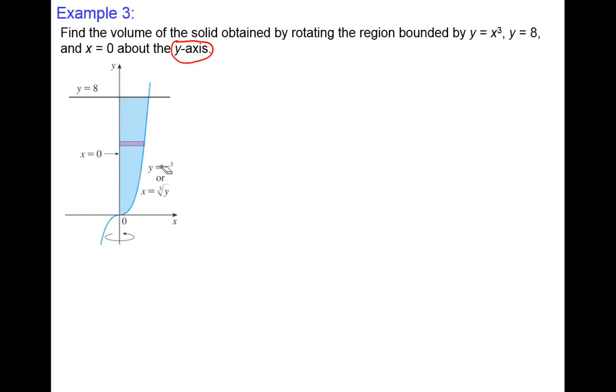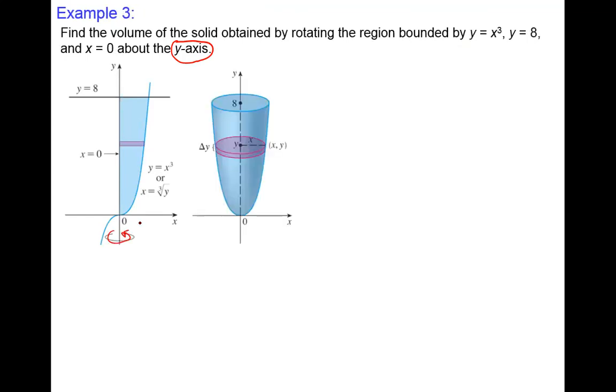Don't worry about all of this at the moment. Now we're doing the rotation about the y-axis. You can probably imagine another coffee cup, a little bit taller, but in a different direction. Since I did the rotation about the y-axis, everything will be in terms of y, especially my integration.